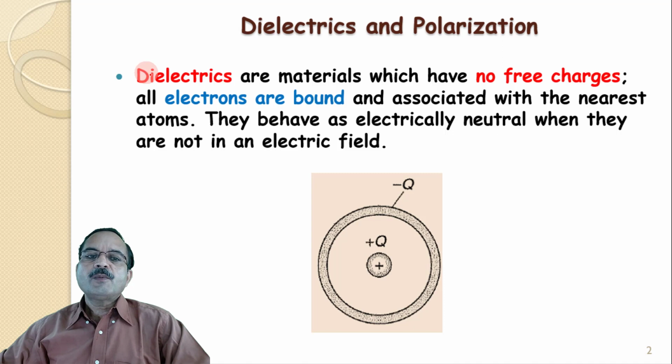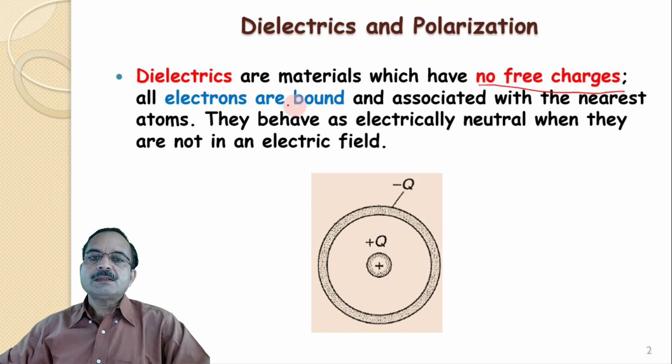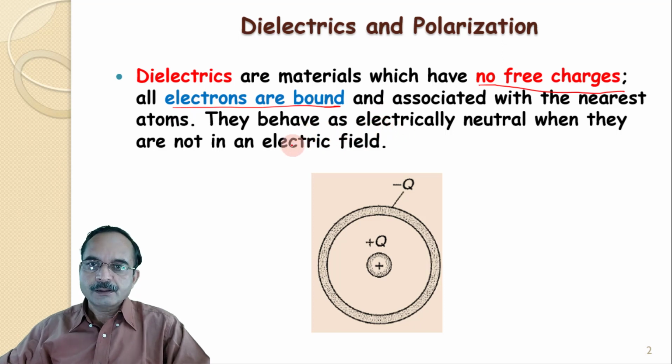Now, dielectrics are perfect insulators. In this type of material there are no free charges. All the electrons are bound within the atom, and electrically it is neutral when not in an electric field.